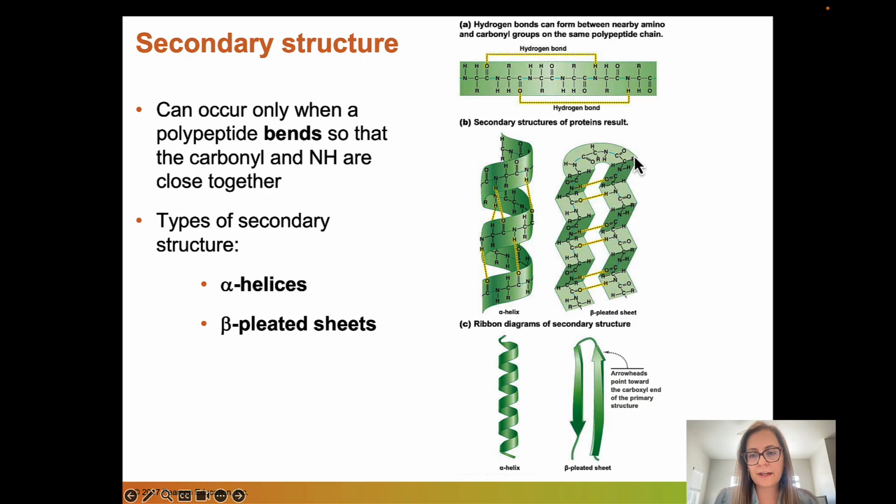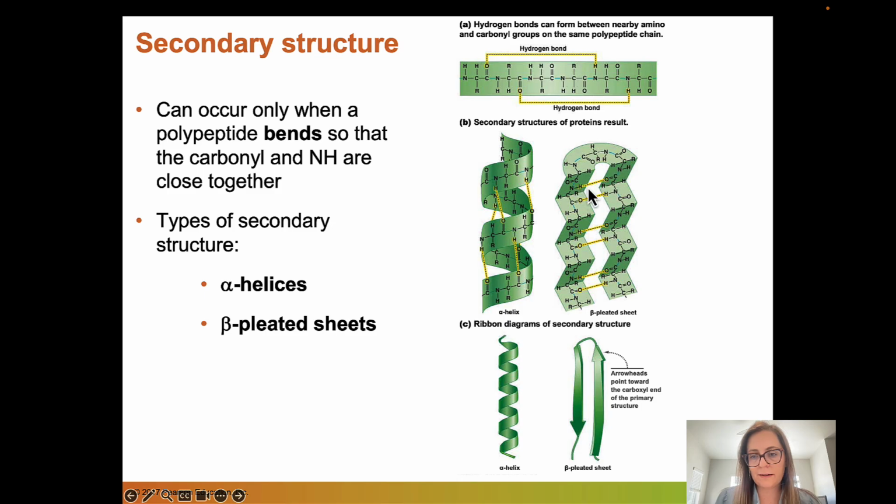The other structure that can form as a secondary structure is a beta-pleated sheet. A beta-pleated sheet forms when the protein travels in one direction, let's have it go this direction, and then a kink forms, turning the protein 180 degrees, and then the protein travels in the other direction.